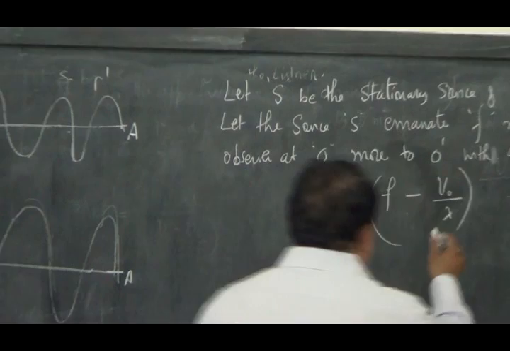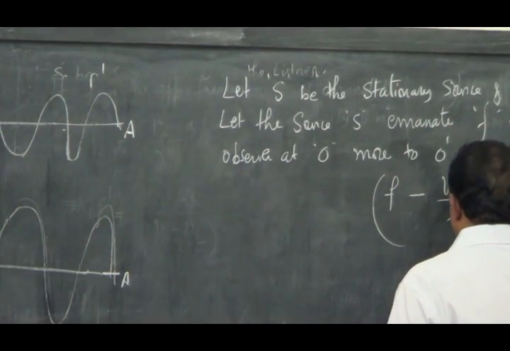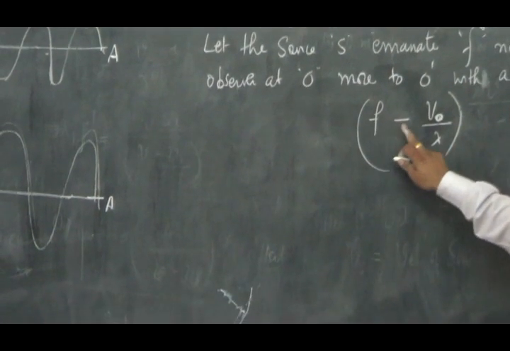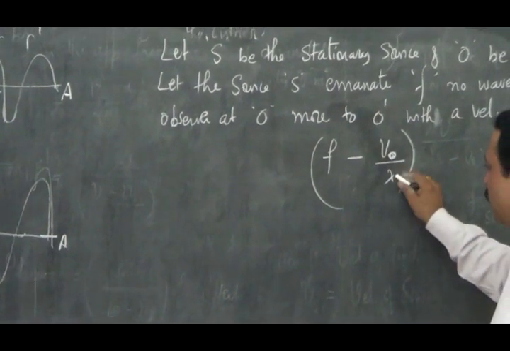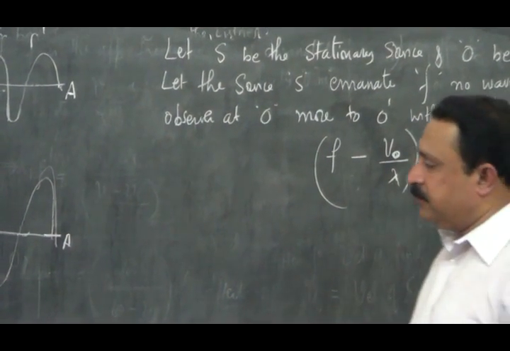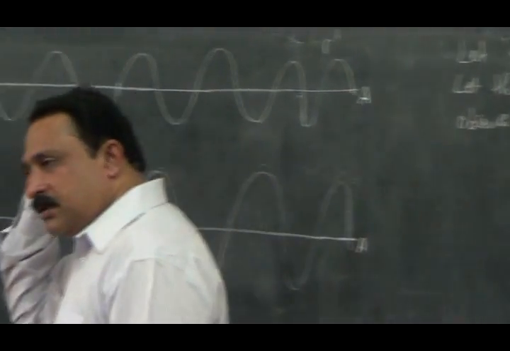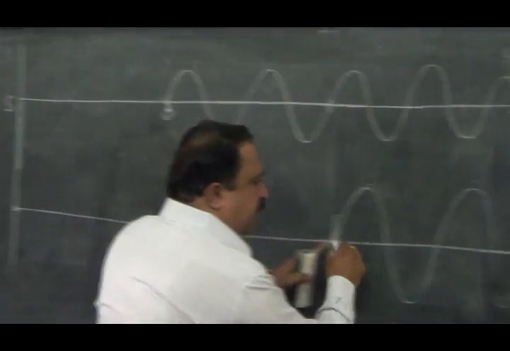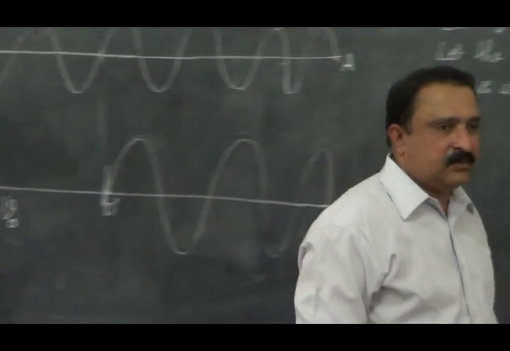This is not V naught, it is actually VO, velocity of the source. Receives the frequency F minus VO by lambda in the region O to A.